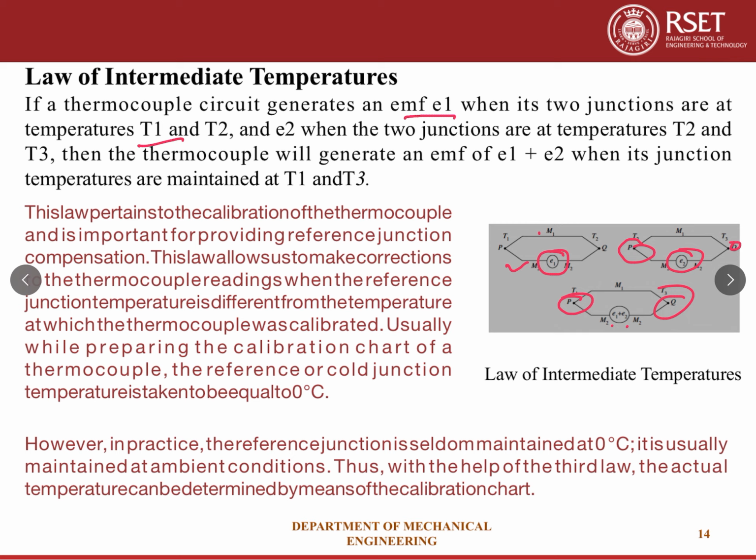However, in practice, the reference junction is seldom maintained at 0 degrees. It is usually maintained at ambient condition. Thus, with the help of the third law, the actual temperature can be determined by means of the calibration chart.